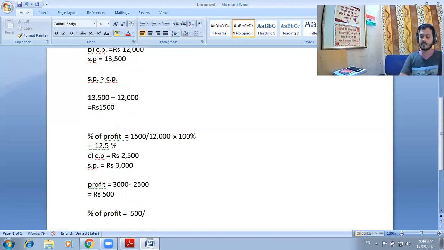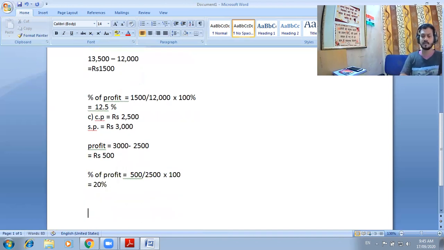And what is the value of CP? 2500 into 100. So 0 and 0 cancel out, and 25 fives are 125. So 25 cancels out, 25 twos are 50, so 20 percent is the profit on this given question C.